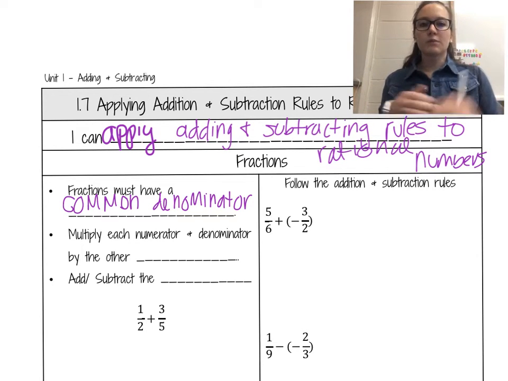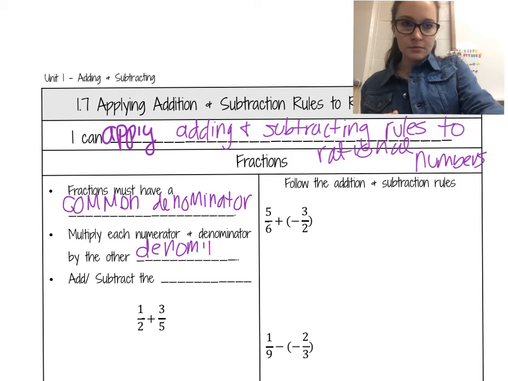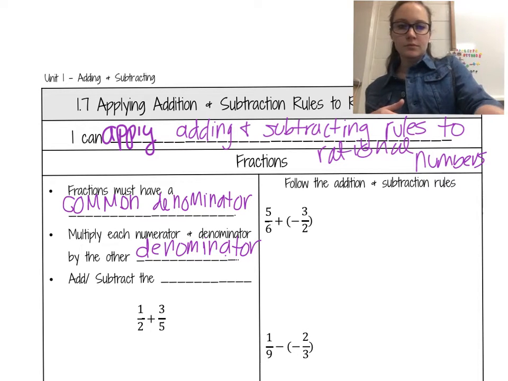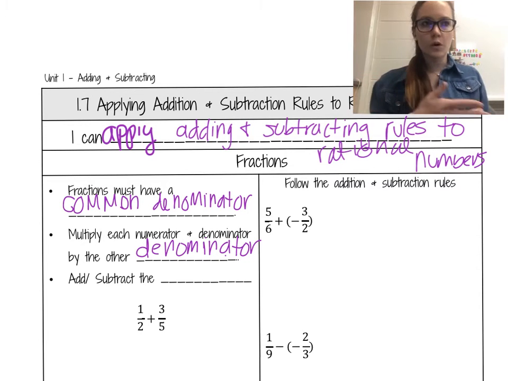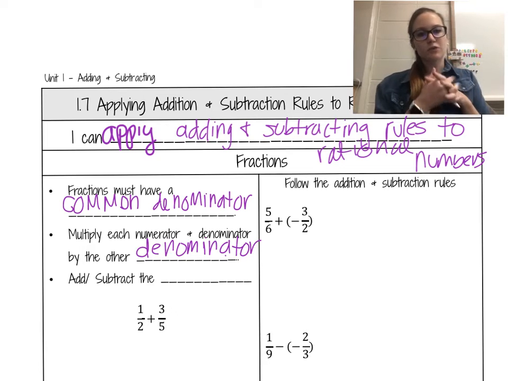So we can multiply each numerator and denominator by the other denominator. So like here where I have 1/2, I'm going to multiply him by 5. Or 3/5, I'm going to multiply him by 2.